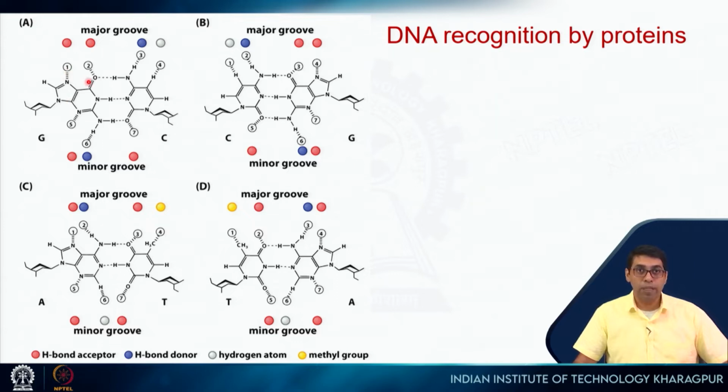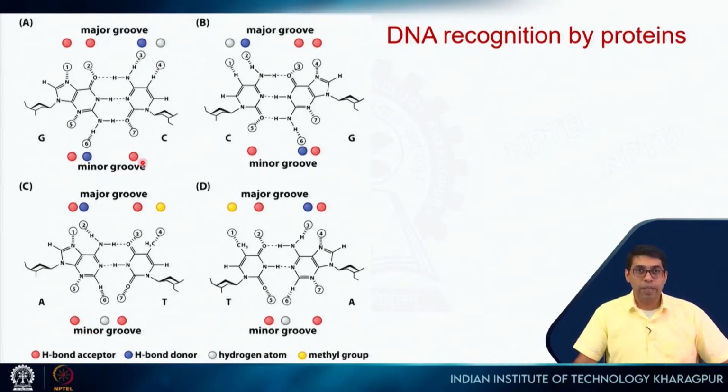This is also hydrogen bond acceptor, which means that NH or OH type of groups from the amino acid side chains or even the backbone can interact with this. This is a hydrogen bond donor, so this can interact with oxygen or C double bond O kind of groups on the protein side chains or the backbone, right? This is just a hydrogen, so it can form some sort of hydrophobic interactions, right? Same is true for this.